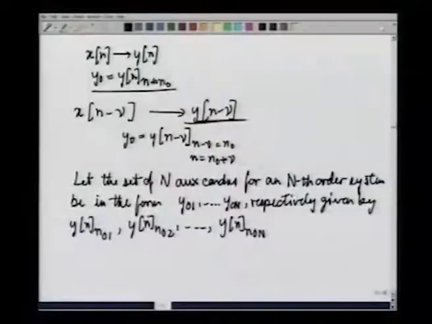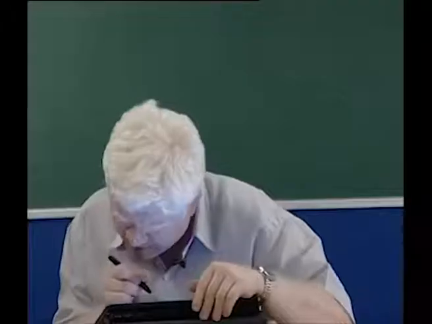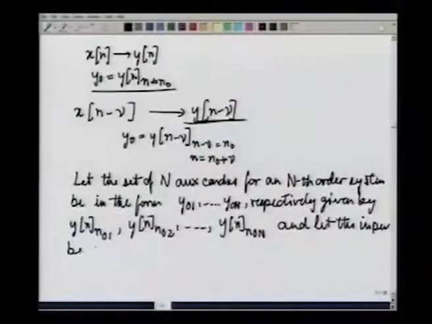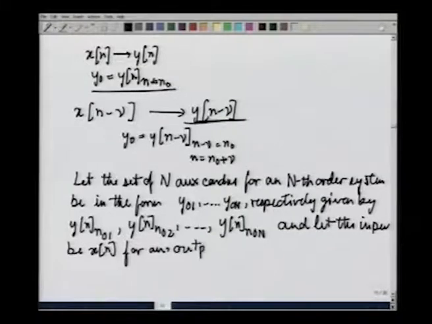This is the initial case. With these initial conditions and let the input be x n for an output y n. This is the first part of the formulation.